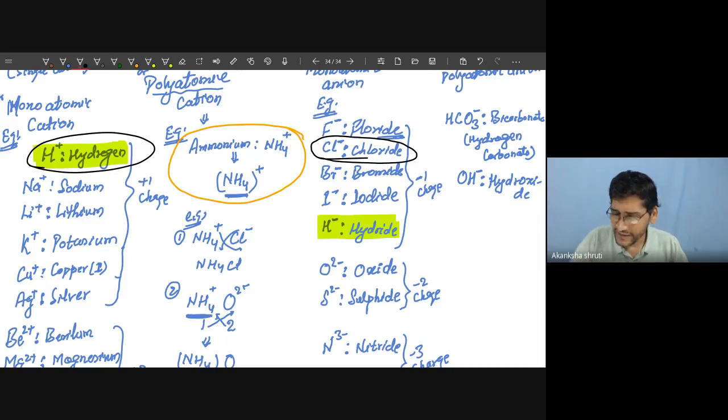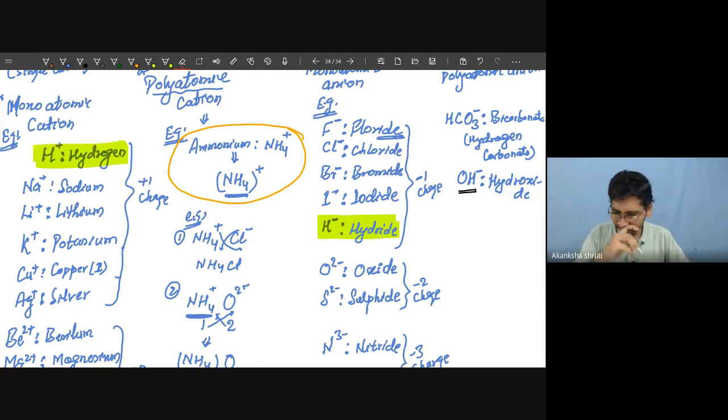So don't get confused. It is OH minus, this entire group of atoms carrying a negative charge. While forming the molecule, we will see this. It is not a molecule, but a certain group of atoms carrying the negative charge.